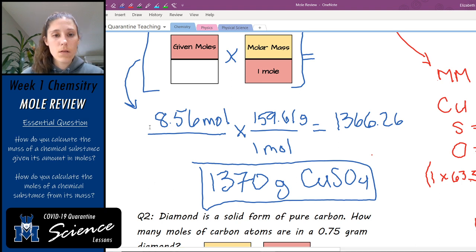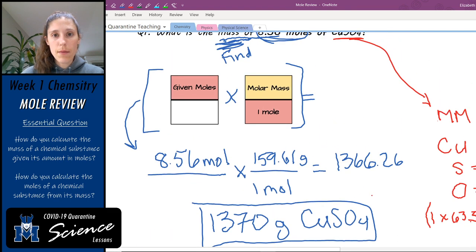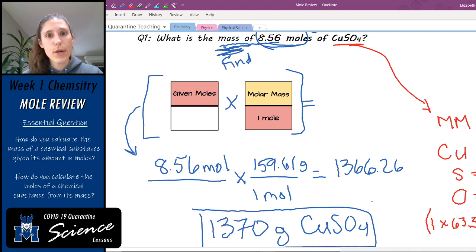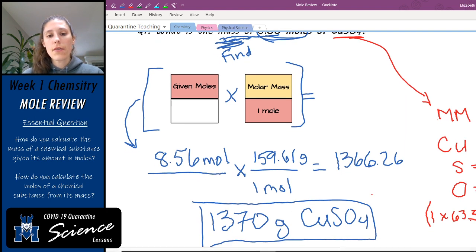So we have gone from knowing that there was 8.56 moles, and now we know that if we're trying to measure out 8.56 moles, that would be 1,370 grams of copper sulfate.